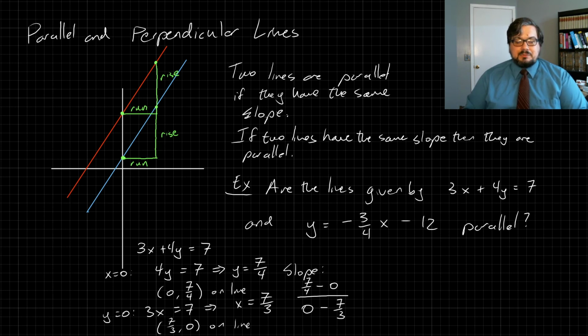And so then we'll subtract the x value from the other point. So we get 7/4 over negative 7/3, which gives us negative 3/4 when we simplify all that down. So that tells us what the slope of the first line is.